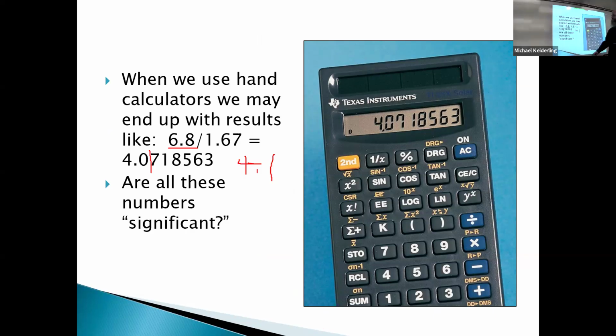So if you have something like 6.8 divided by 1.67, on your calculator, it'll say 4.0718563. You would round that to 4.1. You have 2 significant figures, counting from the front, 1, 2, and then the next digit is a 7, so you'd round up to 4.1.